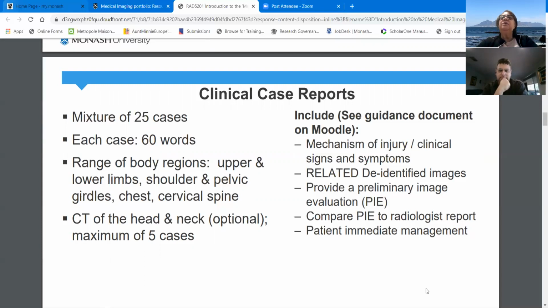Then you compare your comments. So you write this up, and if you have the radiologist report, and that's why I said it might be tricky for you now. Yeah, definitely. Compare what you think and what the radiologist said, and then say, okay, I missed this, and this is what the radiologist mentioned. It might be a little bit tricky for you, and it's not necessary, but immediate patient management is an optional one.